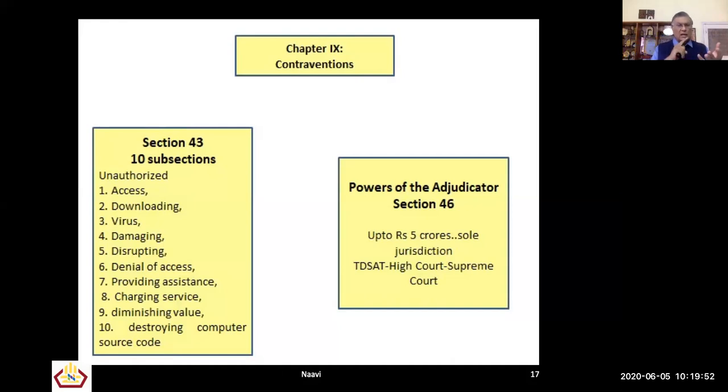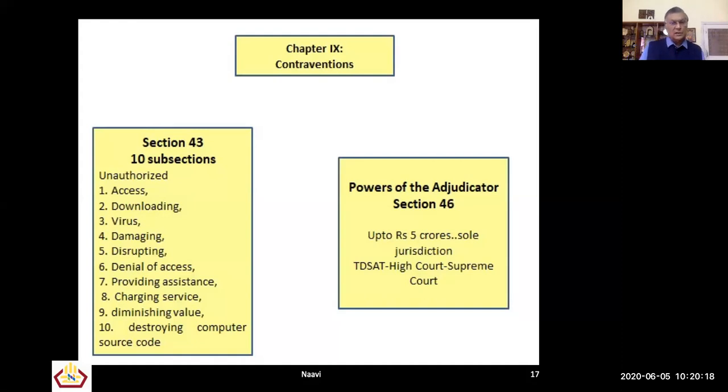It says unauthorized access is a contravention, unauthorized downloading, even if you had authorization to access, that is also a contravention. Unauthorized introduction of virus or computer contaminant is an offense. Damaging of computers, which includes hardware and software, is an offense. Disruption of a computer operation is a contravention and offense.